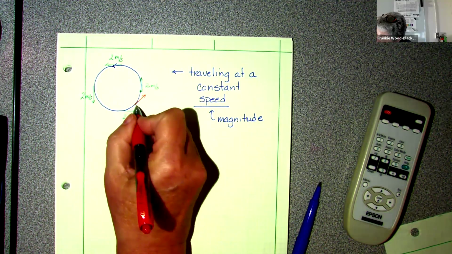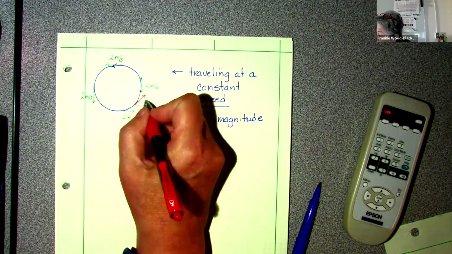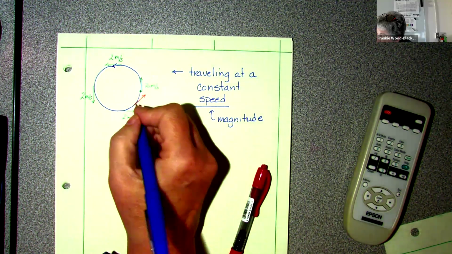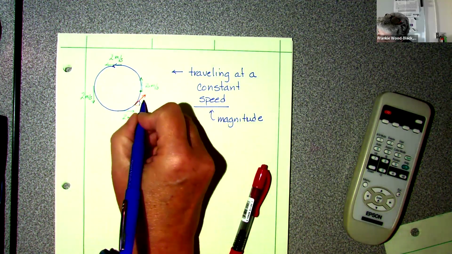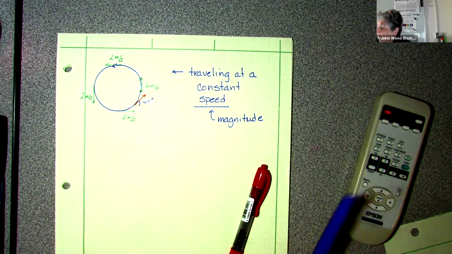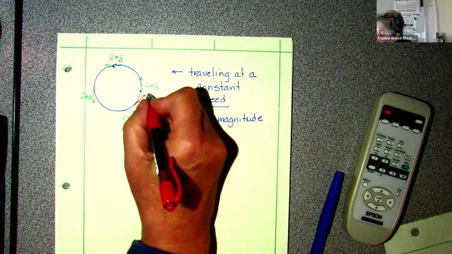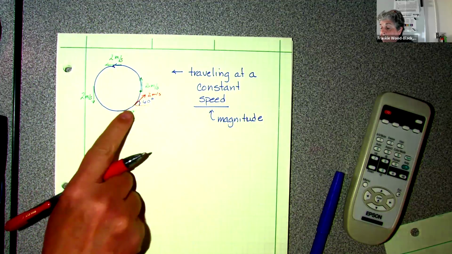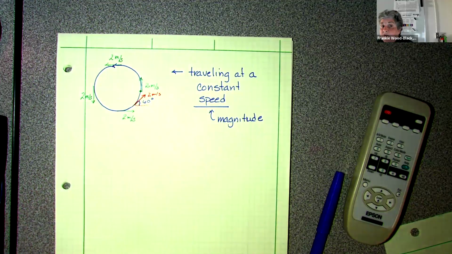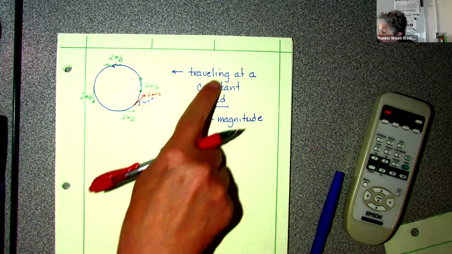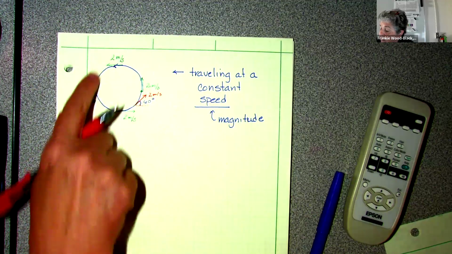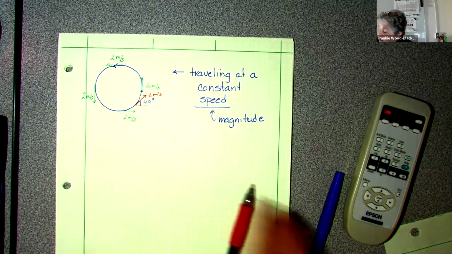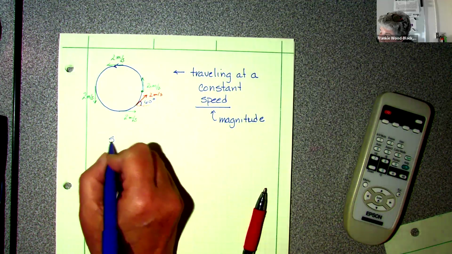And we can actually represent this vector in a couple of ways. We're going to give it an angle, and I'm going to give that an angle of 60 degrees. So we have that angle there. It still has a magnitude of 2 meters per second, but it's going to come off in that direction because we're going to look at that vector specifically. So if I'm traveling at a constant speed around this circle, I'm still going to have an acceleration.